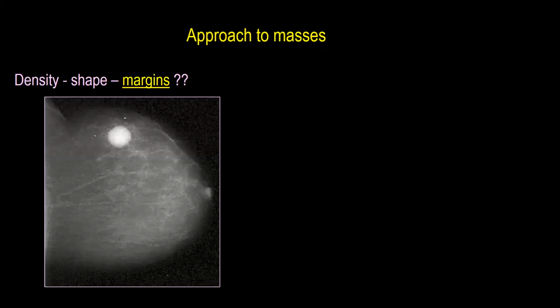Density will raise the upgrade. We said equal density is BIRADS 4B. High density is BIRADS 4C, even when associated with other benign features.